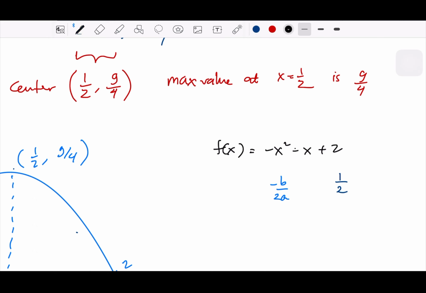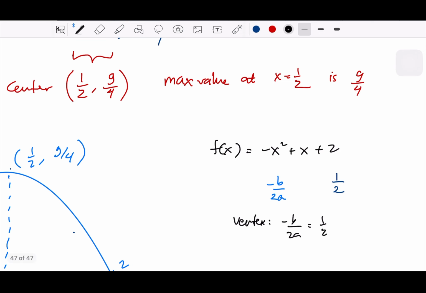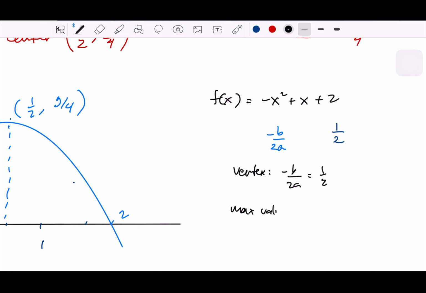Oh, this is plus, sorry. So the vertex is negative b over 2a, which is half, and the max value is f of half, and we know the answer is 9 over 4.